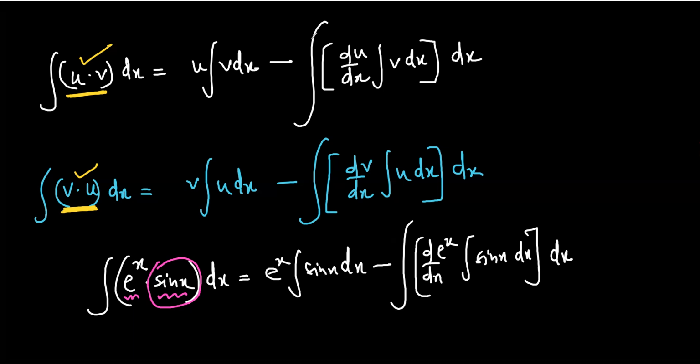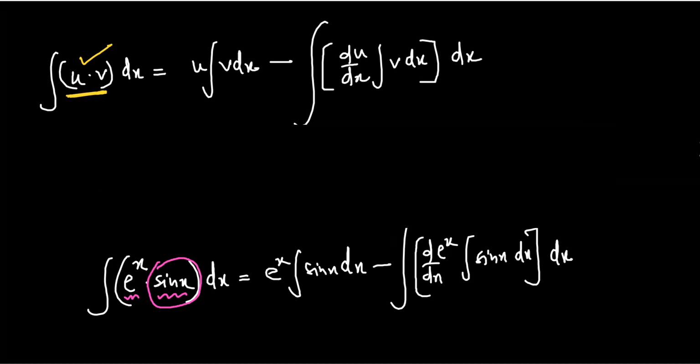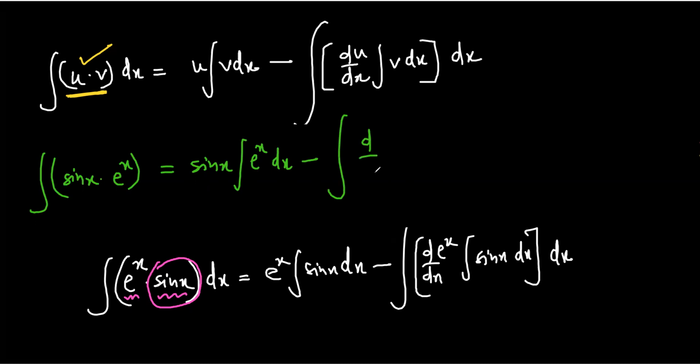On the other hand, students, if I choose to write sin x into e raised to x dx, see, I change the order. Now I'm writing sin x as the first factor, e raised to x as the second factor. If I choose to write this way, then the integration will be sin x integral e raised to x dx minus big integral d by dx of sin x integral e raised to x dx and whole dx once again.